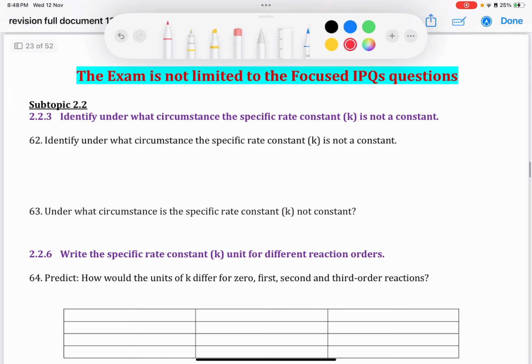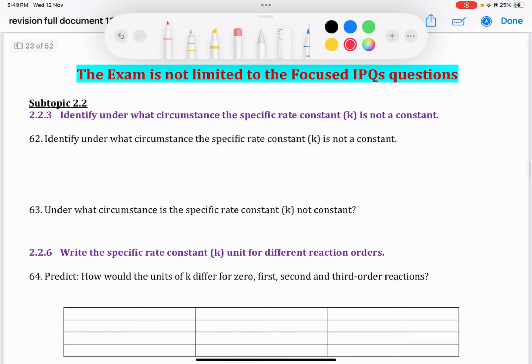Now the last most important part is topic 2.2, where we deal with what we call the rate law. So again, we are still talking about the speed of a chemical reaction, but we are using a different formula, something determined experimentally.